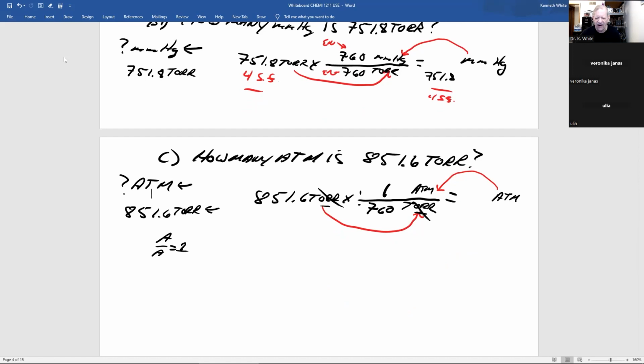This cancels out. I'm going to pick up my calculator now, clear it. 851.6 divided by 760. And my calculator happily gives me this number.